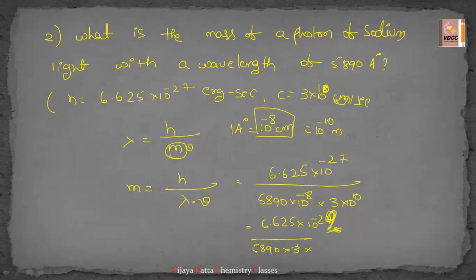Then you can get the value 2.208, and you have to divide it with 5890. So the final value for the mass m here is 3.752 into 10 to the power of minus 33 grams. This is the mass. Okay.